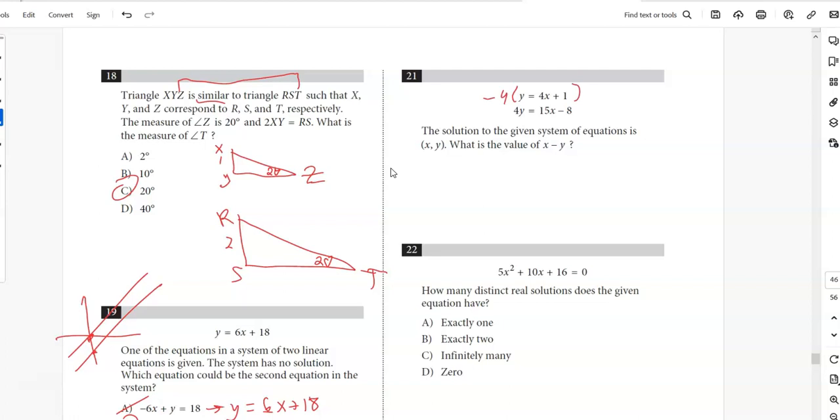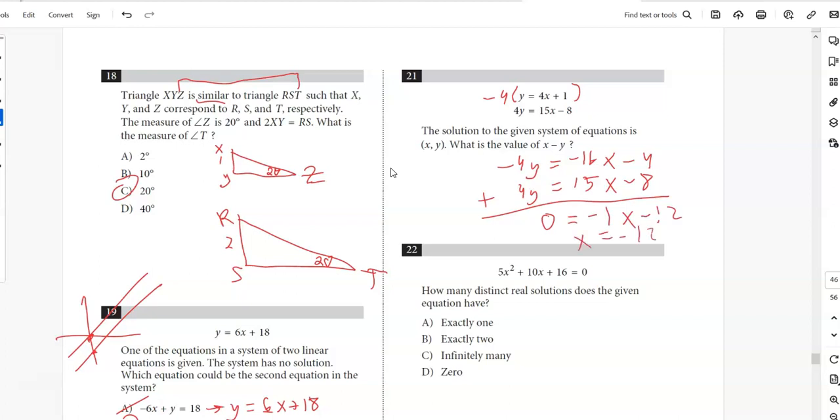So you get -4y equals -16x minus 4, and this would be 4y equals 15x minus 8. If you add those up, you get 0 equals -1x minus 12. So x equals -12. Okay, so we're getting somewhere.